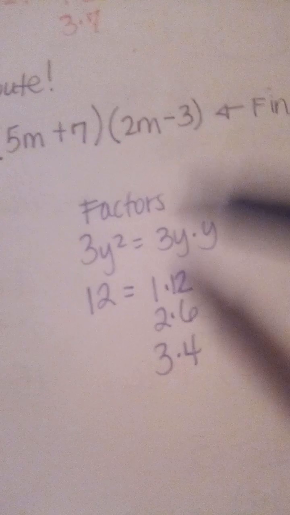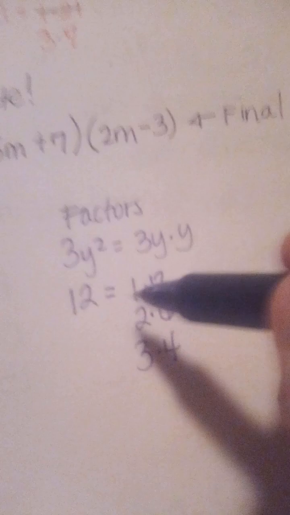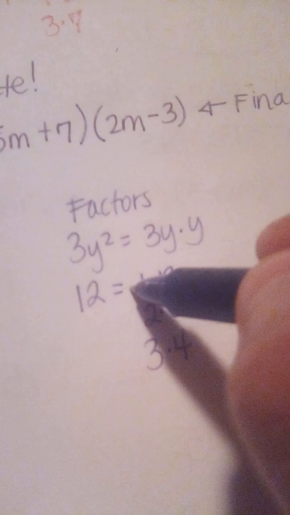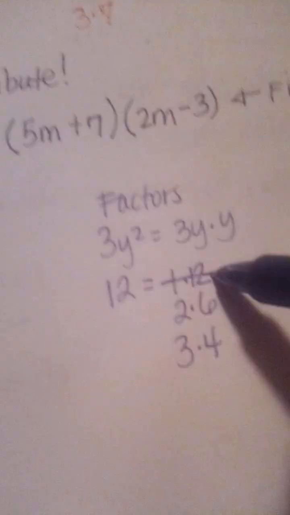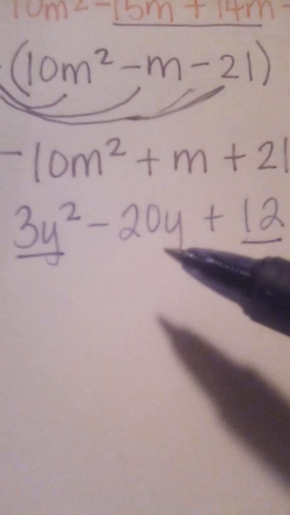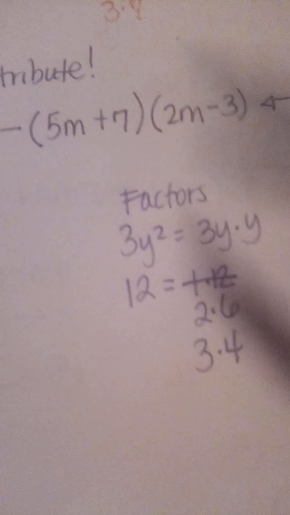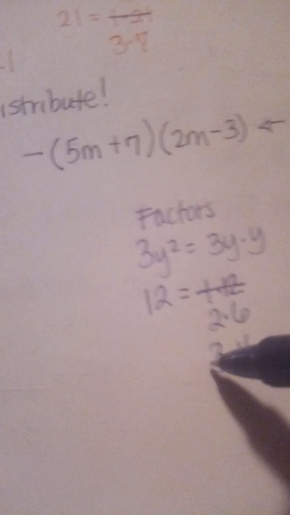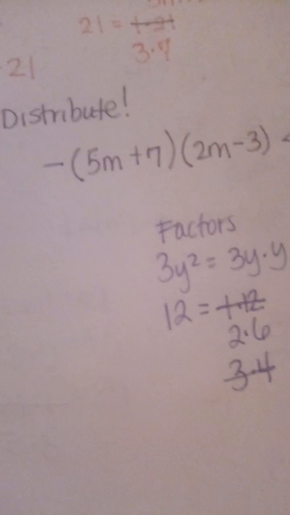Let's go back to the factors. We know that 1 times 12 is out of the question because it may mess up the process of finding the middle part of the equation. And 3 times 4, we know it's not going to work in the middle term. So let's do 2 times 6 and 3y times y.